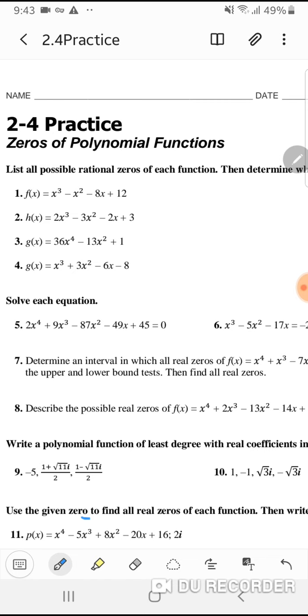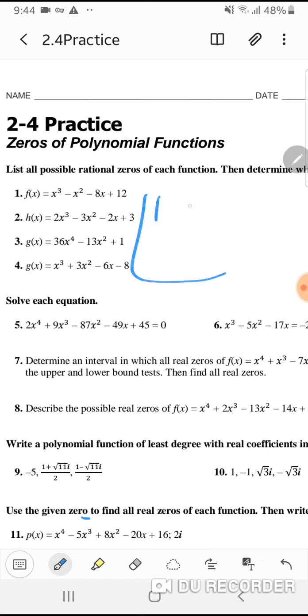maybe we can put 1 or maybe we can put 2. Actually, I don't know. I would have to try and do it. Okay? So let's try 2 first.